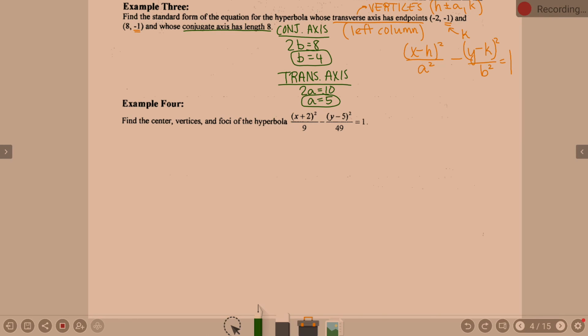Could you just do h plus c equals -2, or h minus c equals 2? Or look at the second column where it says x equals h plus or minus a, and it gives you the vertices.